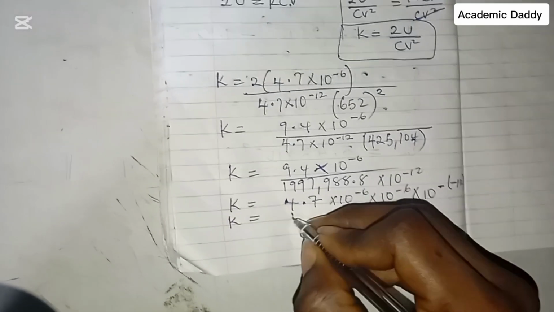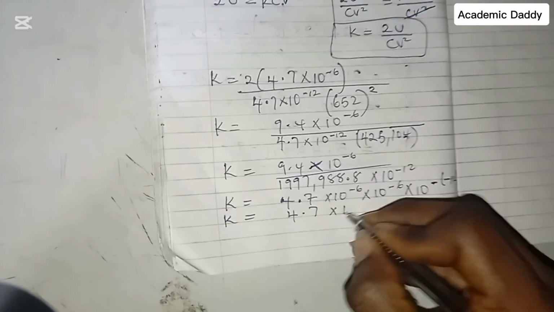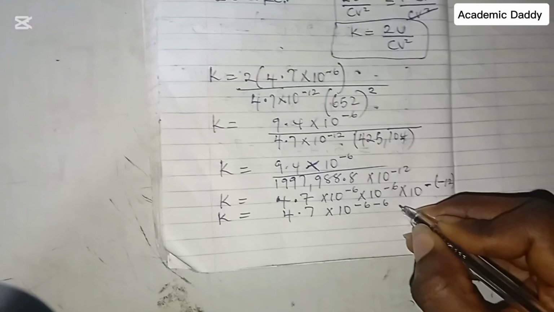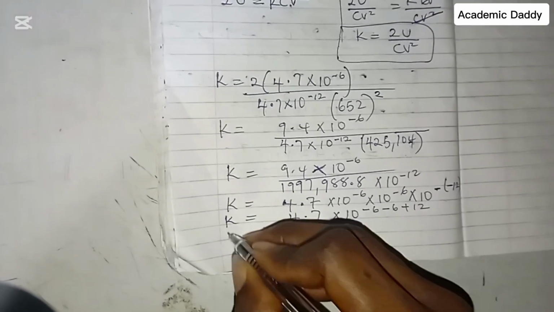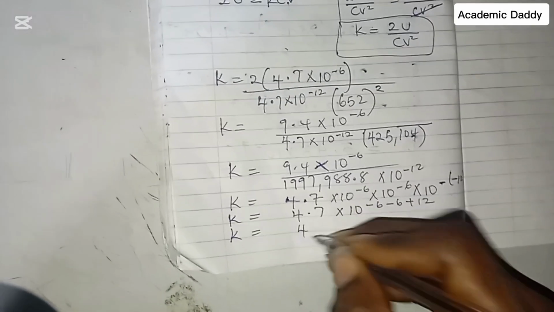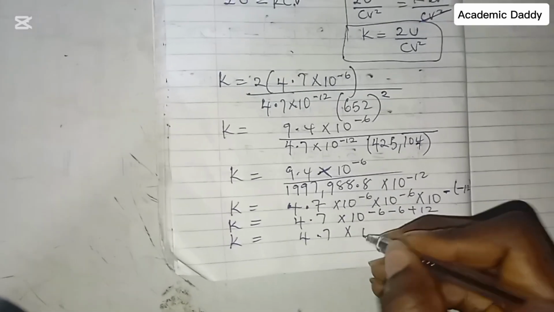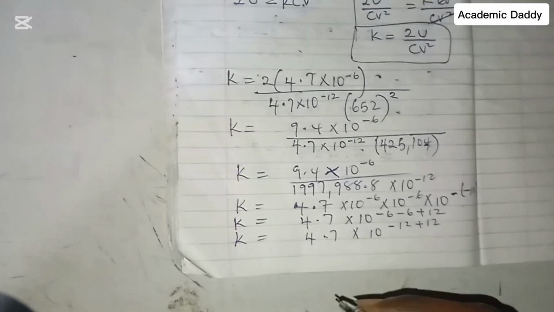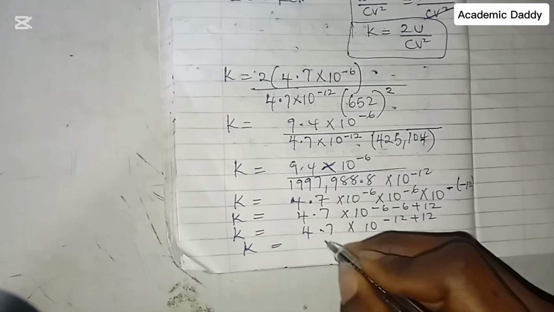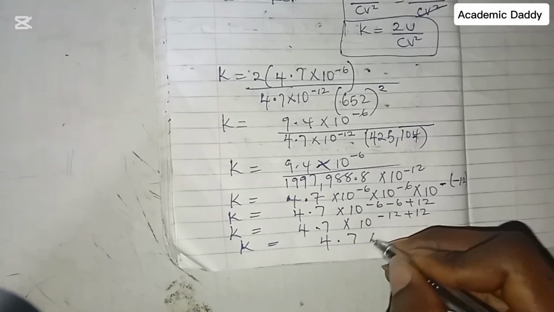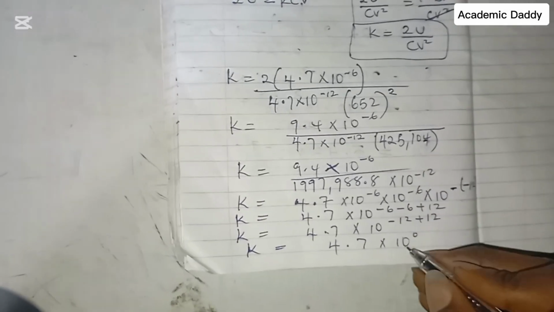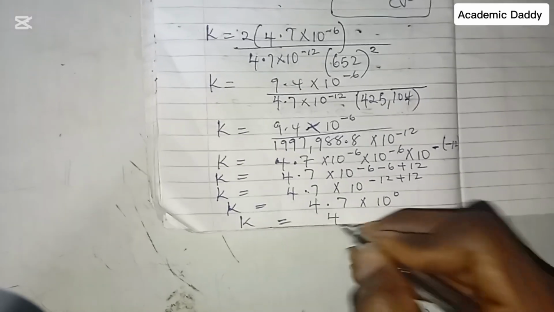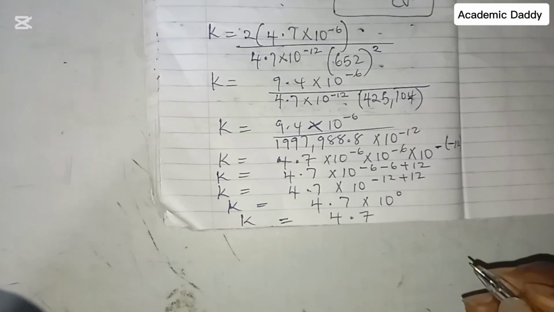So K will now be equal to 4.7 times 10 raised to the power minus 6 plus 12, that is, minus 12 plus 12. K will be equal to 4.7 times 10 raised to the power 0, and anything raised to the power 0 is 1. So K is simply equal to 4.7. So that's the answer.